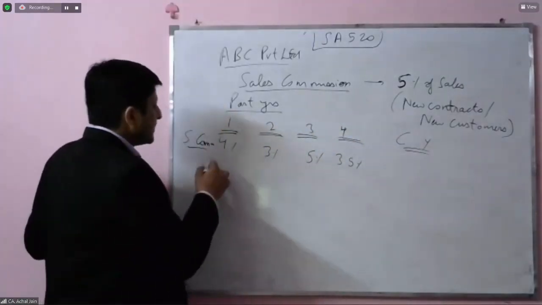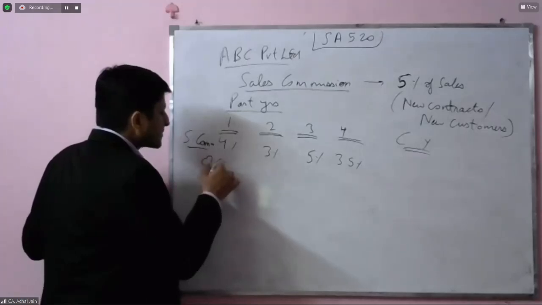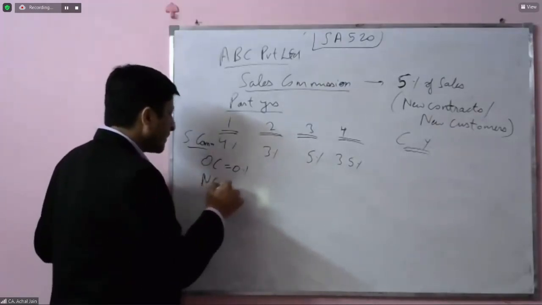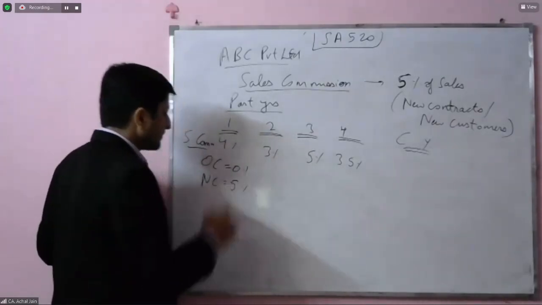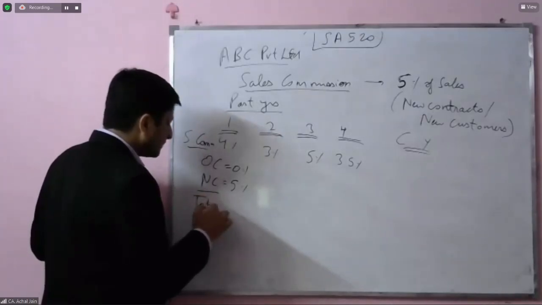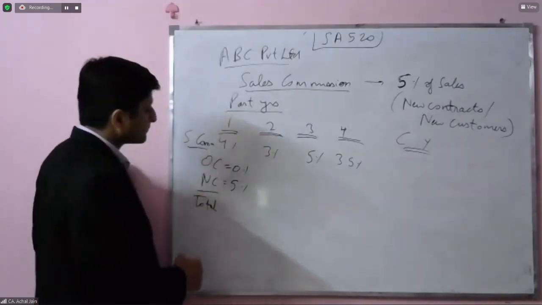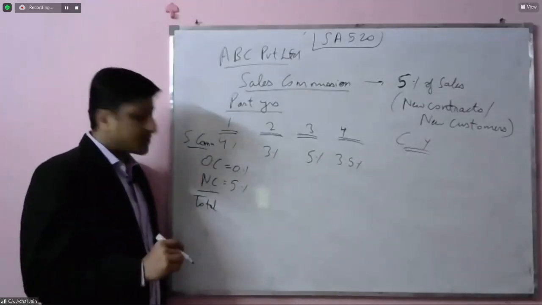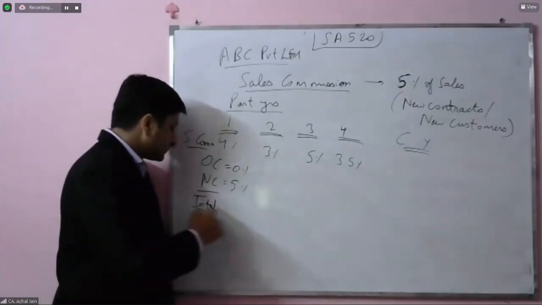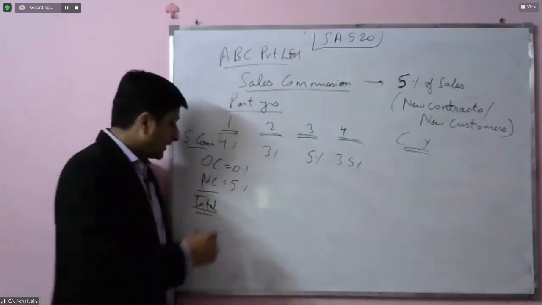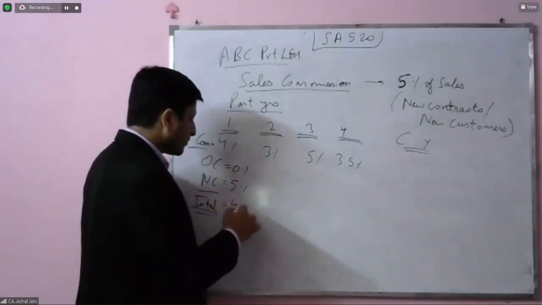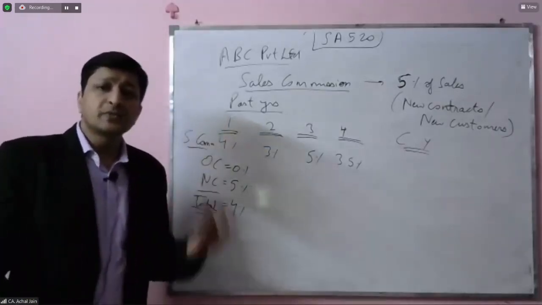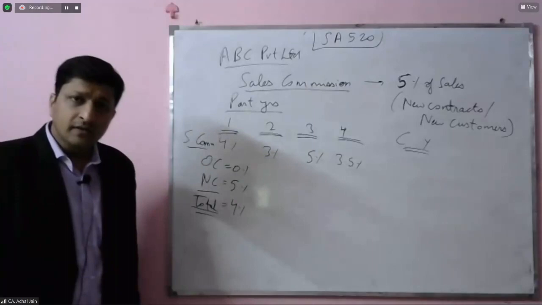Auditor would consider old customers amount with 0% commission and new customers amount with 5% commission. And this will be the total. Old plus new will be the total. Now, when he would check the percentage computation, the amount which is computed, what would he get to know? He would get to know whether this comes out to be 4% or not. This is a kind of analytical procedure. Okay, clear?